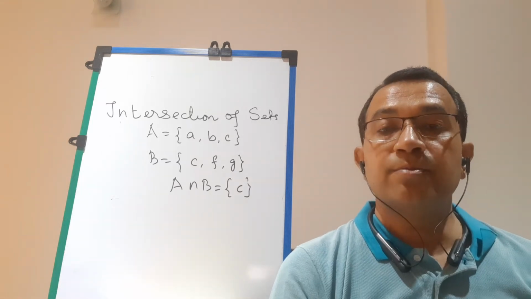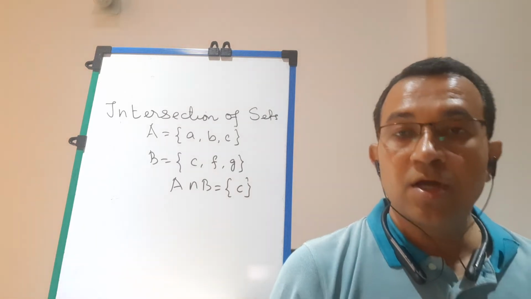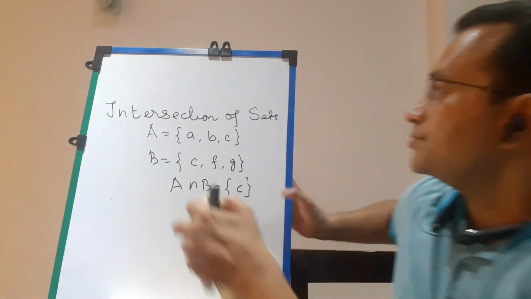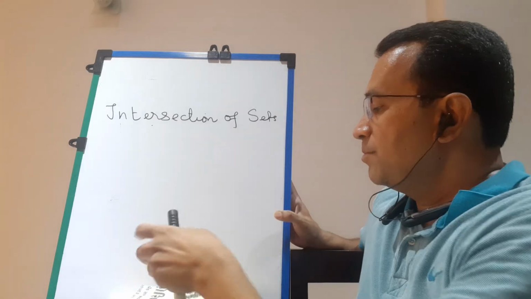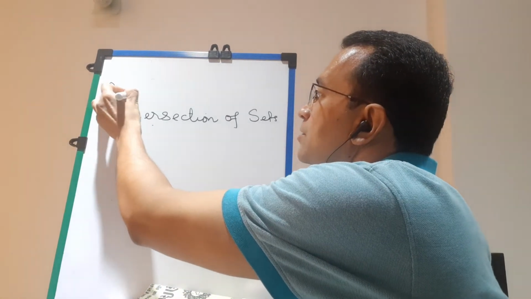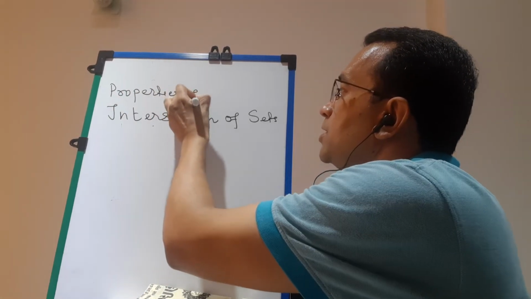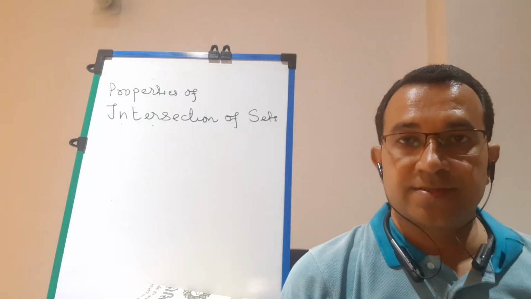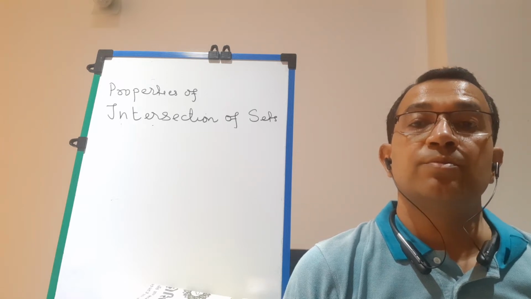Now, as we had properties of union of sets, students, same way we have properties of intersection of sets. Properties of intersection of sets. Now, the first property is commutativity.